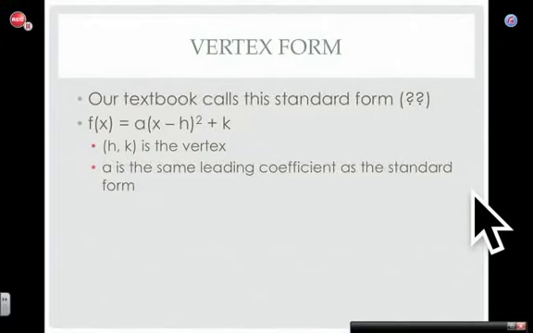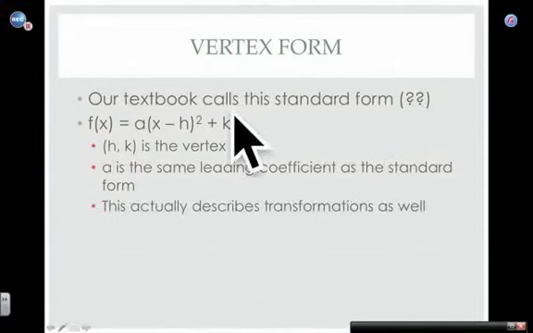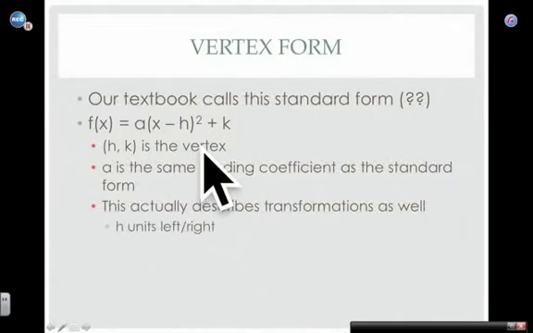So we're going to start with what I call standard form, what most people call standard form, and change it into vertex form. Well, that a that was on the original function is the a in vertex form. And as I also mentioned, this actually describes transformations very well because you'll notice the h here is inside, so that means it moves left or right h units.